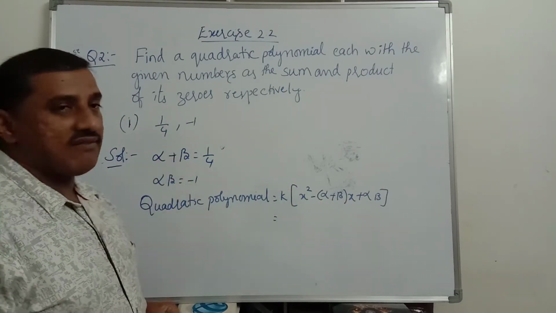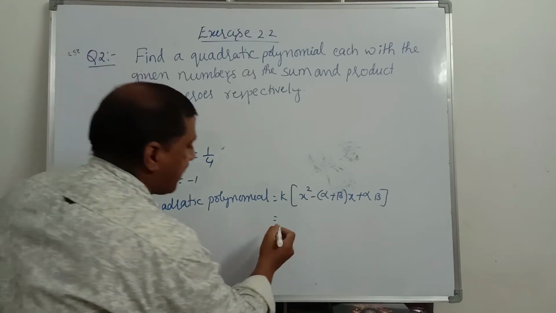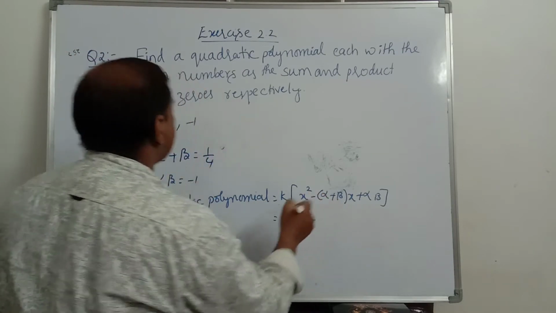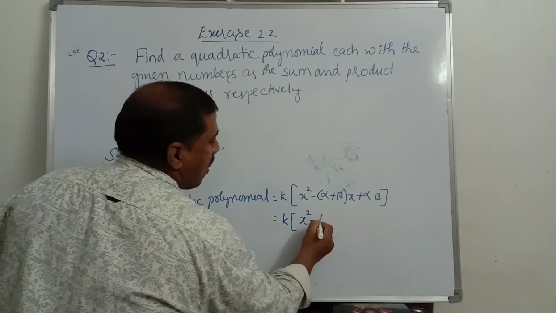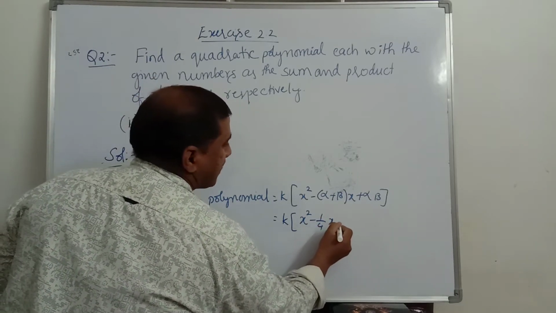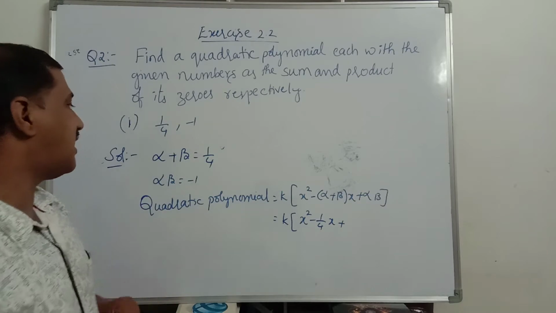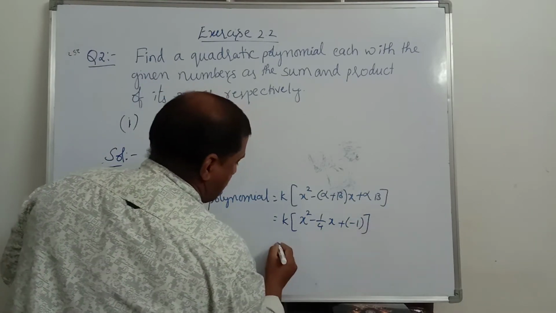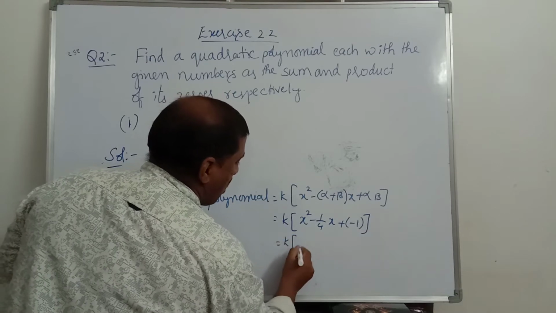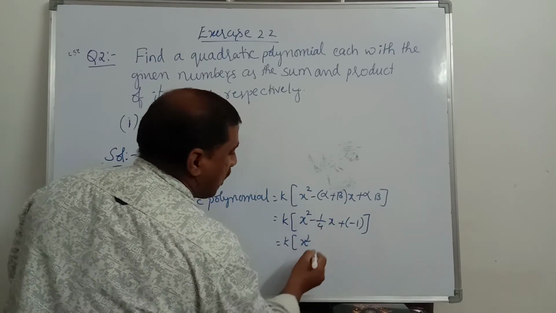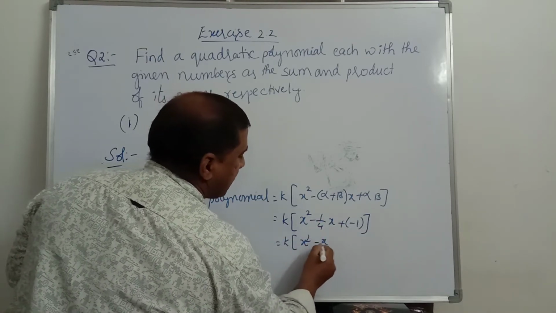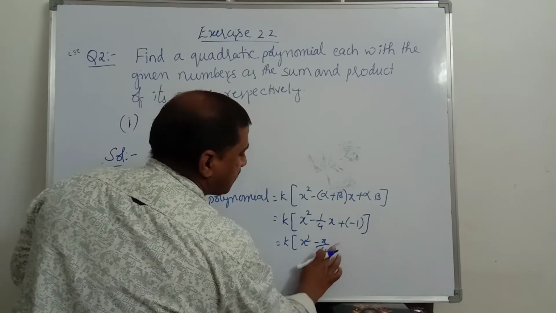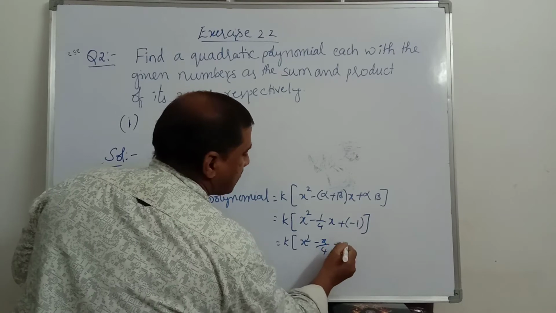We get k into x square minus 1 by 4 into x plus minus 1, that is k into x square minus x divided by 4 minus 1.